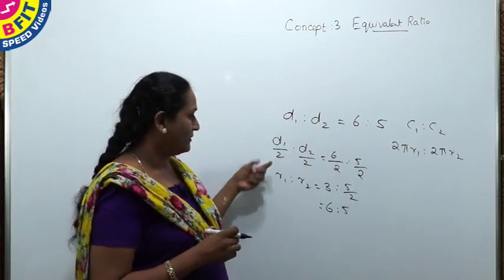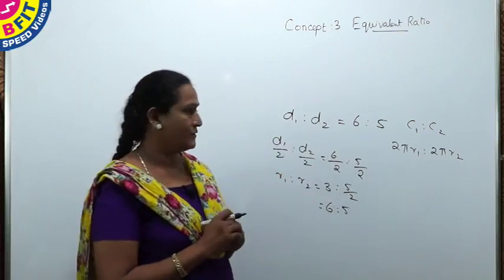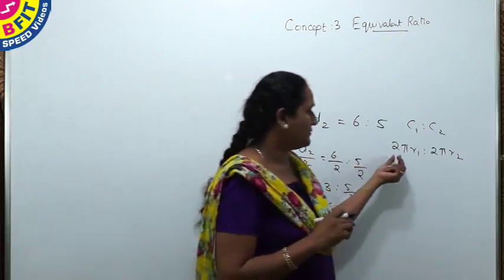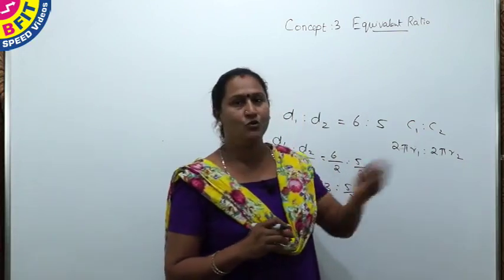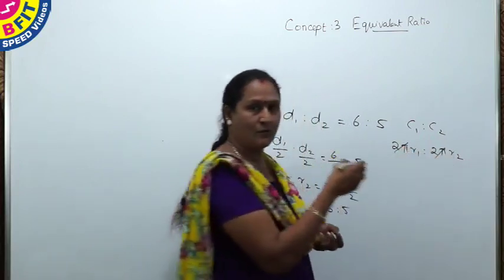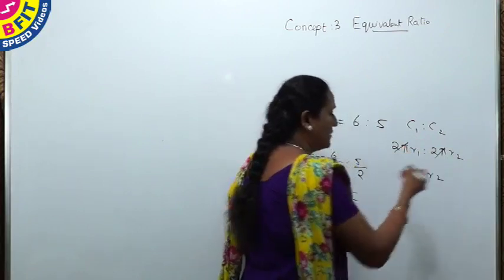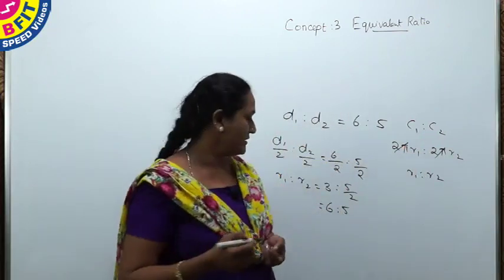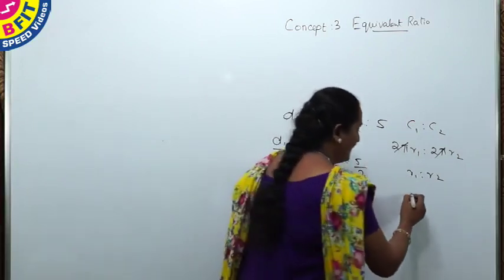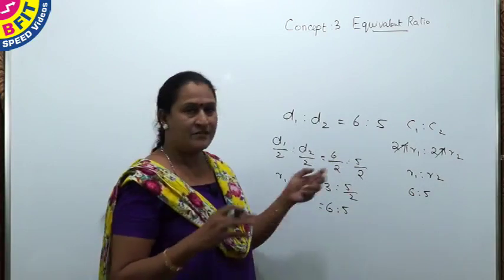So whenever the ratio is divided by the same value, you get the same ratio. And now you need the circumference ratio. So circumference is 2 pi r1 and 2 pi r2. After cancelling the common factors, the ratio of circumference ends up as the ratio of radius itself. So what is the ratio of radius? 6:5. So the ratio of circumference, you get the same value.